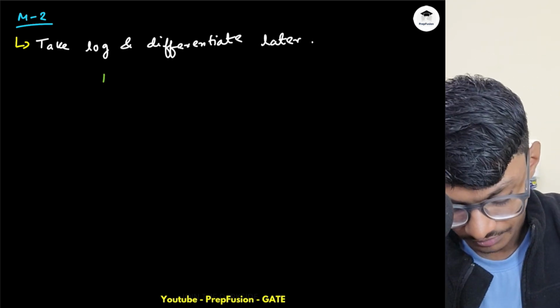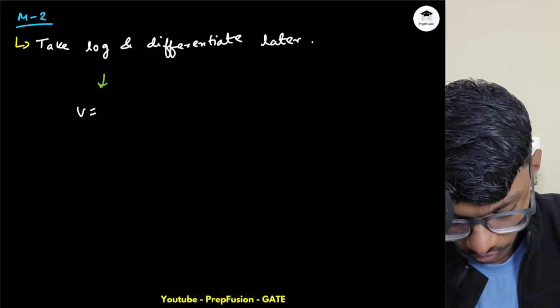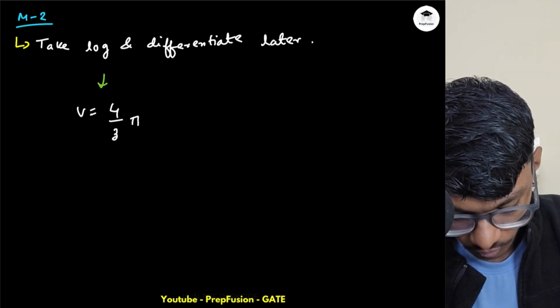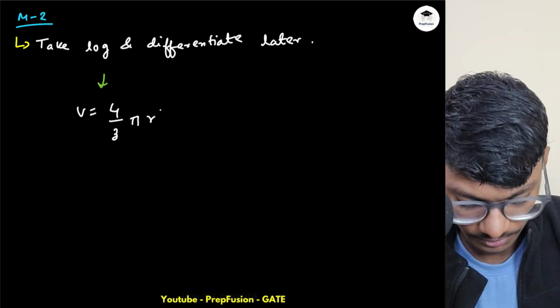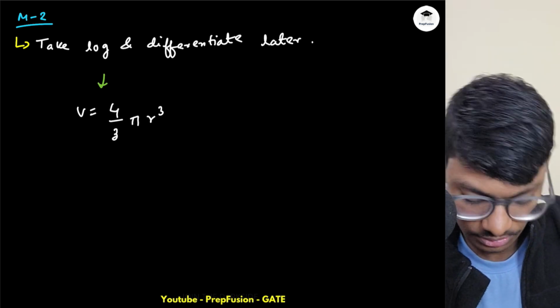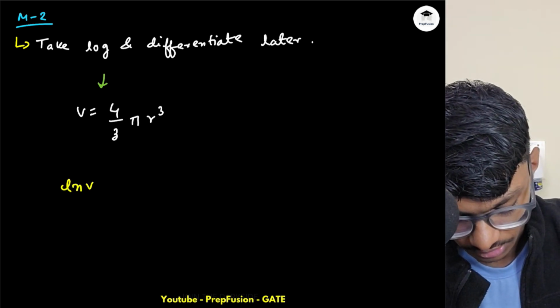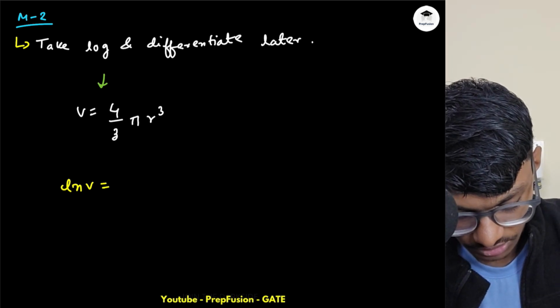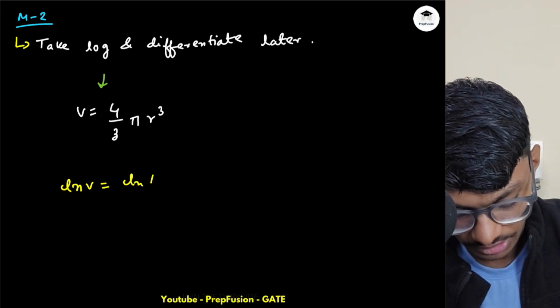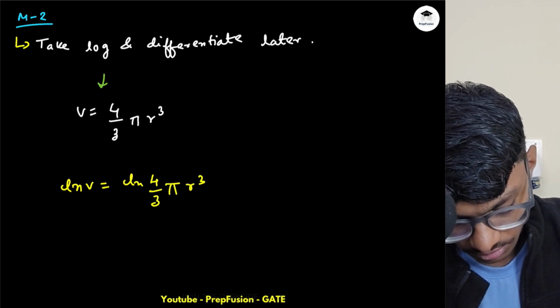So here we'll take log on both sides. The relation I have is volume equals 4 by 3 pi r cube. If I take ln of both sides, ln v equals ln of 4 by 3 pi r cube.